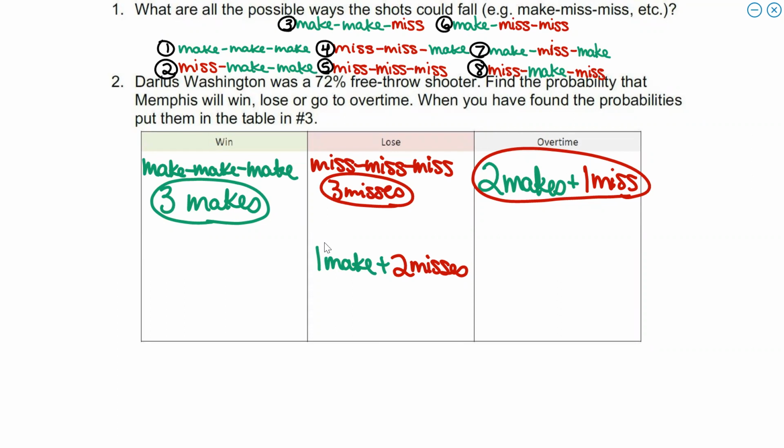That's okay. Let's talk about it. What's the chance that he makes the shot? He steps up to the free throw line. What's the chance that he makes it? 72% right here. So just talking about the first make. So 0.72, that's his first shot.